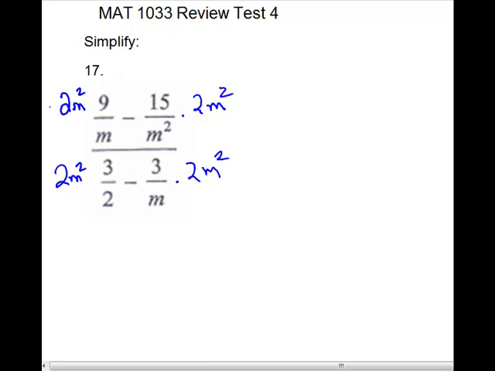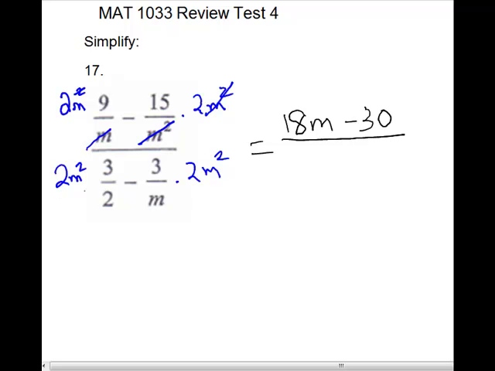So on the first one, one of the m's will go, and that will give me 18m. On the second fraction there, the m squareds will go, and that will leave me minus 30.